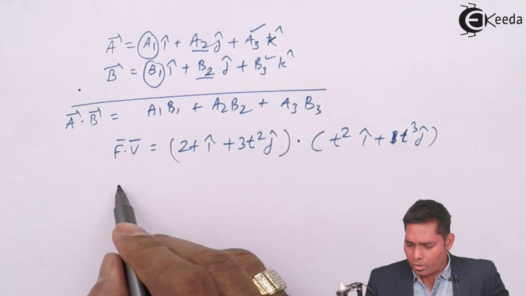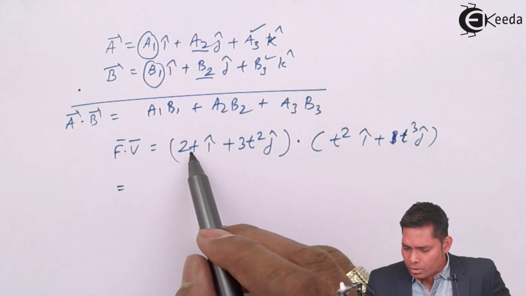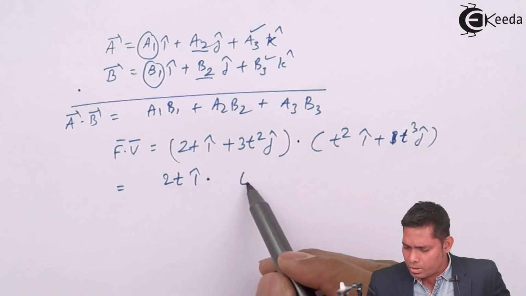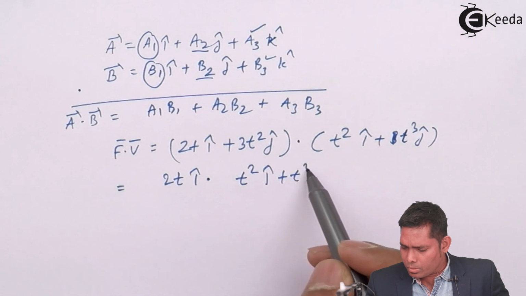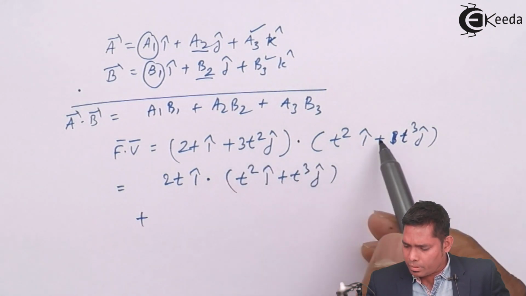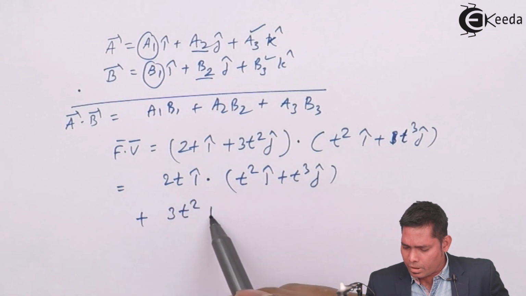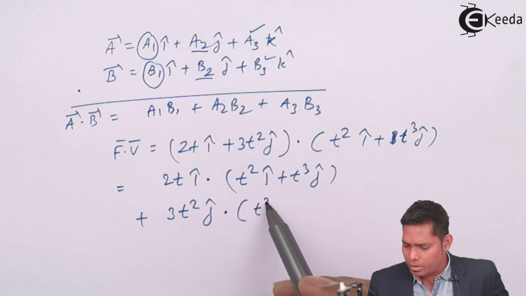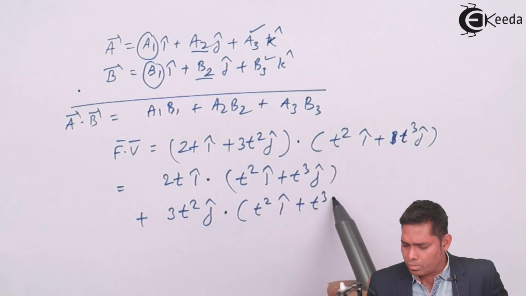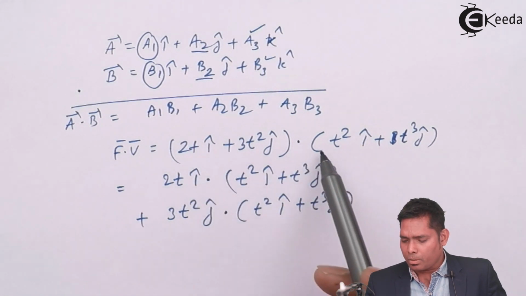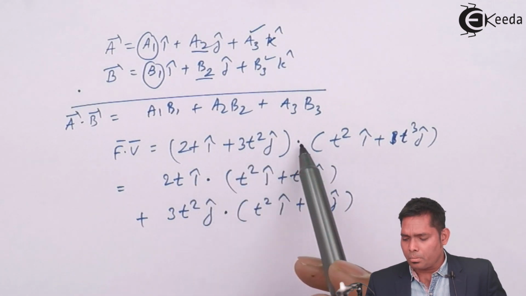So let us find the dot product. This is 2t i cap, dot product of the whole thing, t² i cap plus t³ j cap, plus 3t² j cap, dot product of the whole thing, t² i cap plus t³ j cap. Just as we multiply numbers, this dot product of the whole thing plus this dot product of the whole thing.